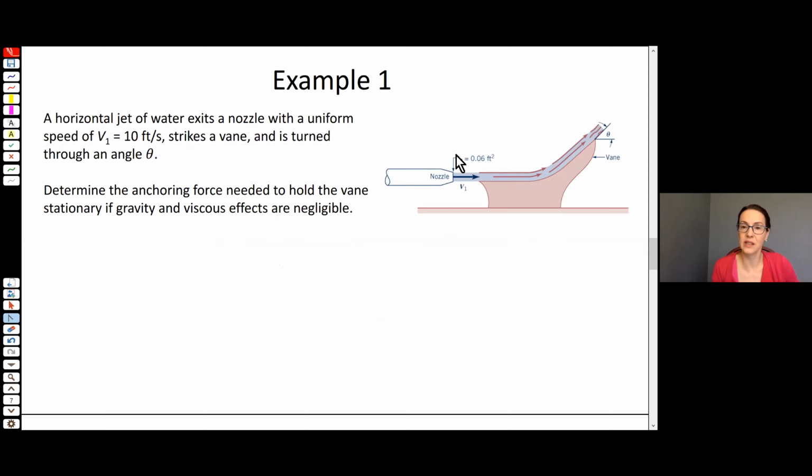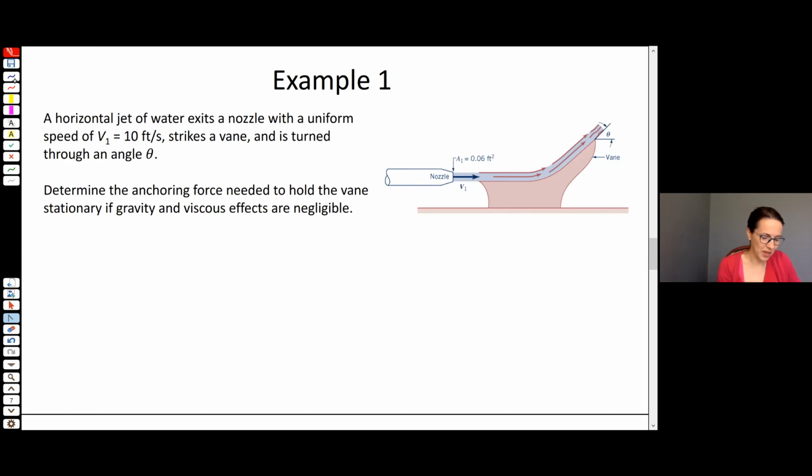That would be an excellent choice, except for the fact that what we're asked to solve for is the anchoring force needed to hold the vane stationary, right? So we need to know, this is the vane, this pink shaded thing, what force do we need so that it doesn't slide along the ground or break free? So we have to include the vane. And the really cool thing is you can do that with a control volume. You can just slice right through solids and solve for forces in solids. So we're going to do that.